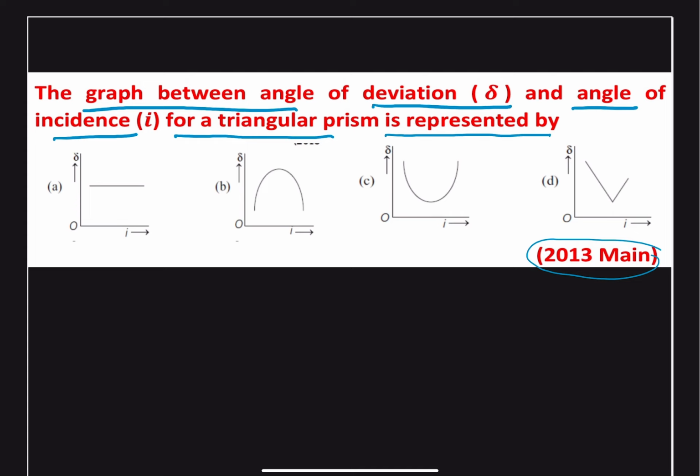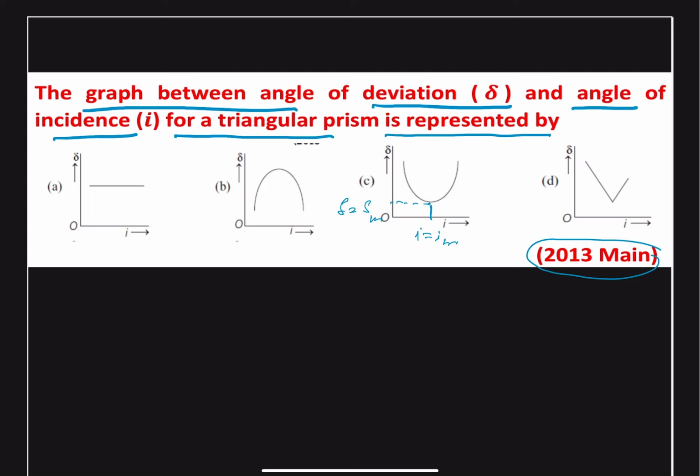Basically this graph is U-shaped, concave upward, and the point of minimum deviation will be at i equal to i_m and delta equal to delta_m.